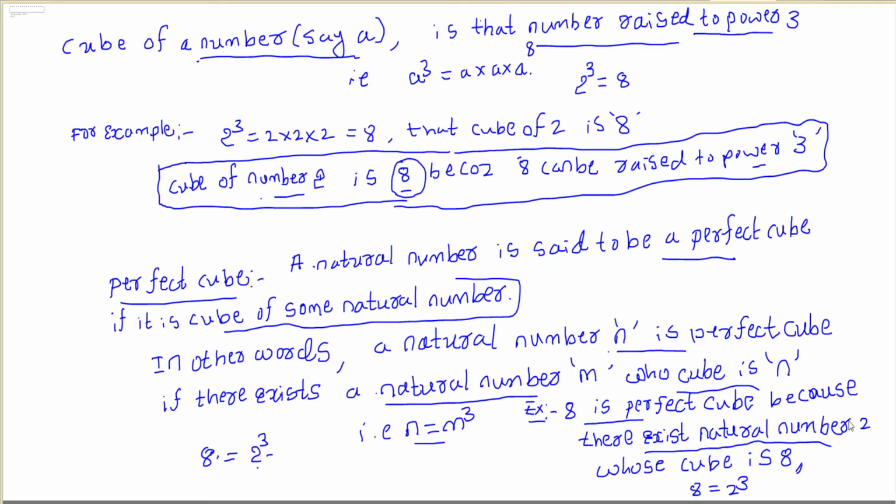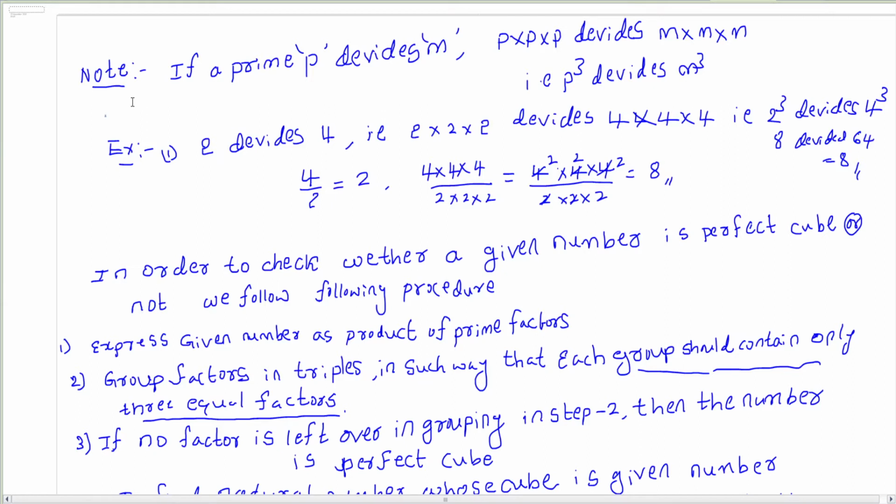The next important note we should understand. If a prime number p divides m, then p into p into p divides also m into m into m, that is, p cube divides m cube.